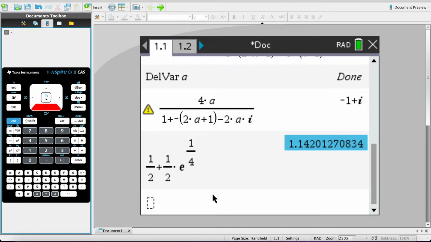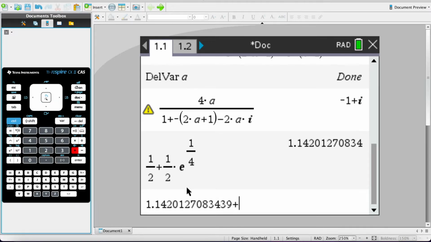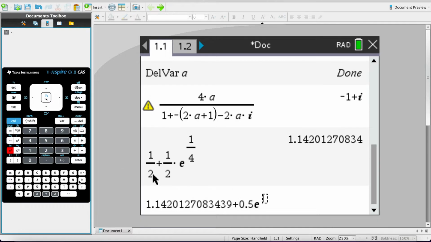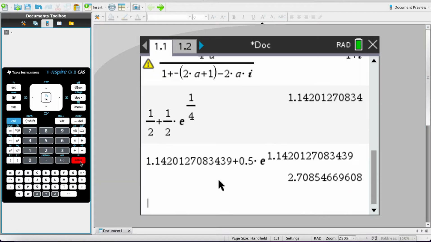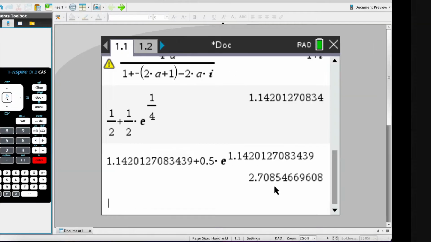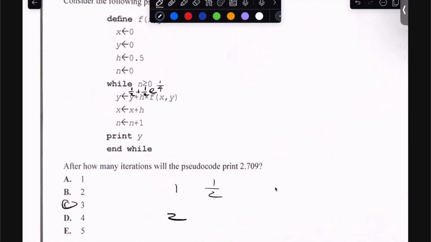So now it's going to be 1.14 + 0.5 times e to the power of, now x has become 1 because 1/2 plus 1/2, and y has become that, and that's the 2.709, and that's after the third iteration. Okay.